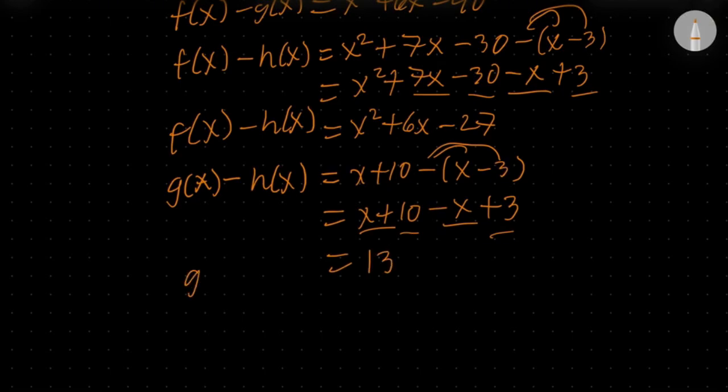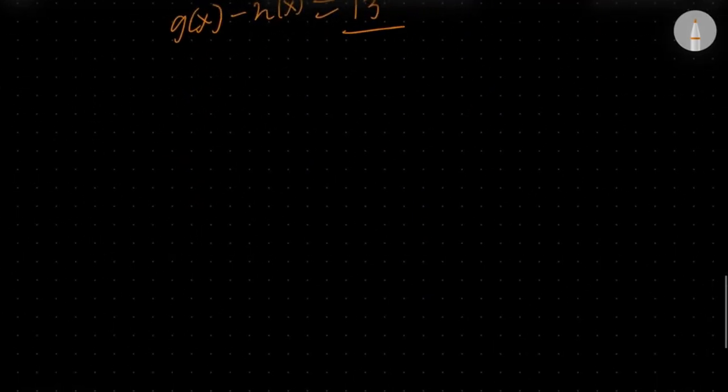Therefore, g of x minus h of x, that is our answer. Now let us move on to the last item, f of x minus g of x minus h of x.